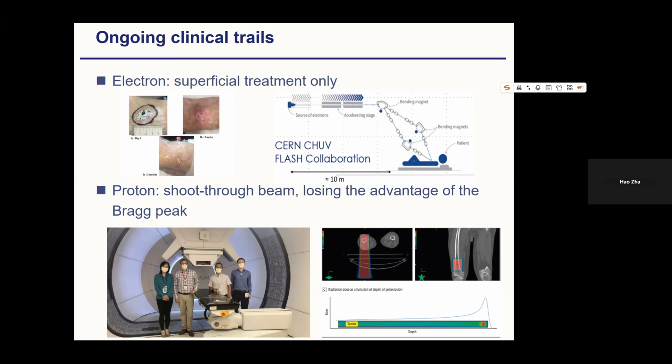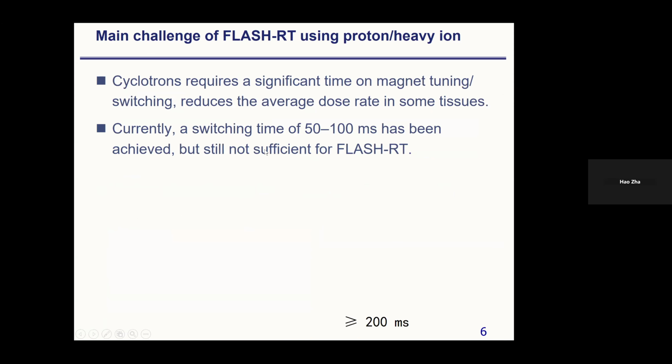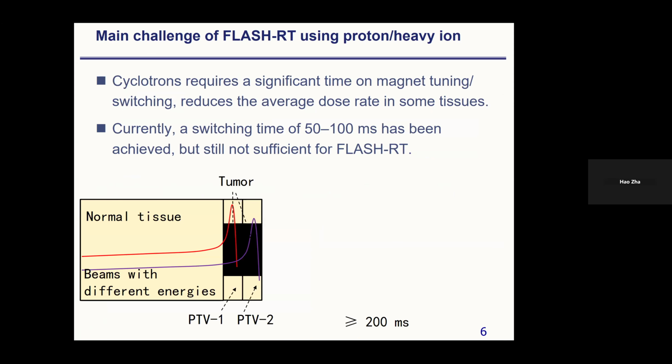So let's discuss the facility aspect of the challenges. For protons or heavy ions, the main problem is that they need to modulate the energy to scan different depths. The cyclotron requires significant time for magnet tuning or switching, which reduces the average dose rate in some tissues.